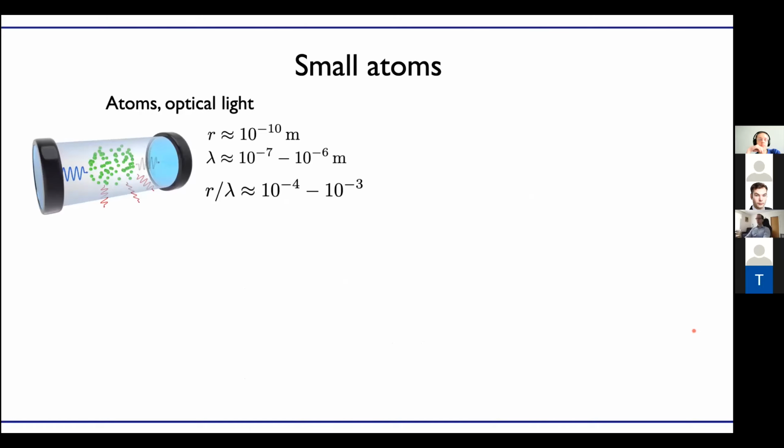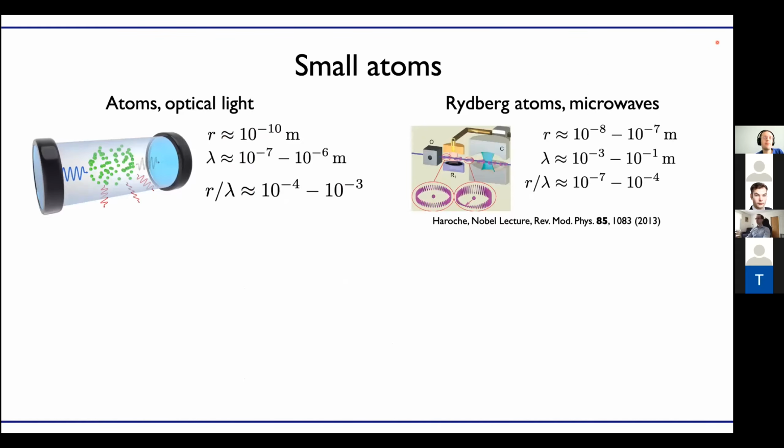And as I said, this is the case in nature. If you think about natural atoms, with a radius of an angstrom or so, and natural optical light with wavelengths of a few hundred nanometers, you see that the atoms are much smaller. This is also the case if we look at so-called Rydberg atoms, which are highly excited atoms.